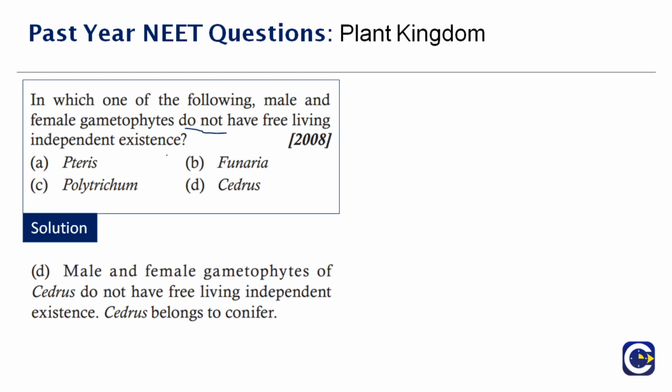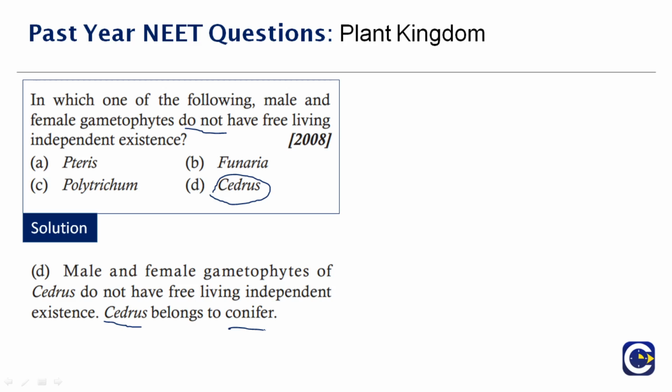The male and the female gametophytes of Cedrus will not have an independent free living state. Cedrus belongs to conifers. You must have seen many conifer pictures while surfing. Conifers are usually gymnosperms, cone bearing seed plants.